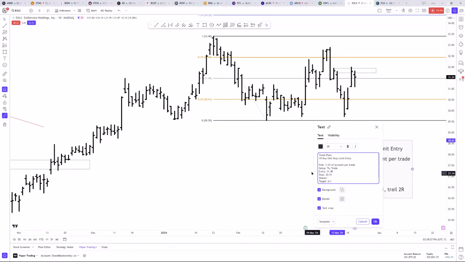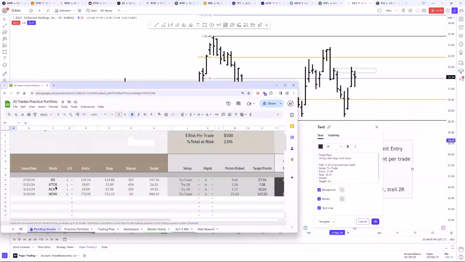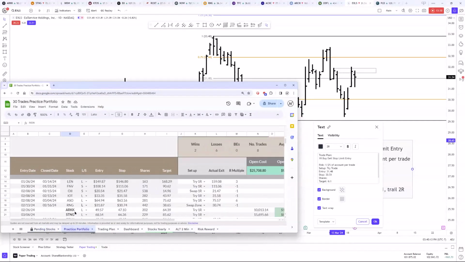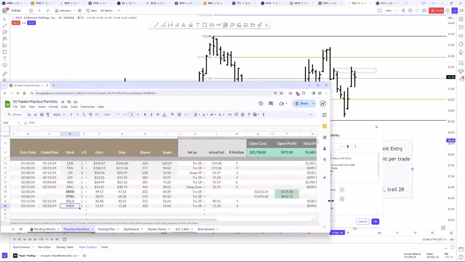And part of my journaling, you can use whatever journaling software, but part of my journaling is to put it in a spreadsheet, and that will calculate my shares for me. So today is, and these are the plans we already have cooking. And just so we see, these are the stocks that we have on.